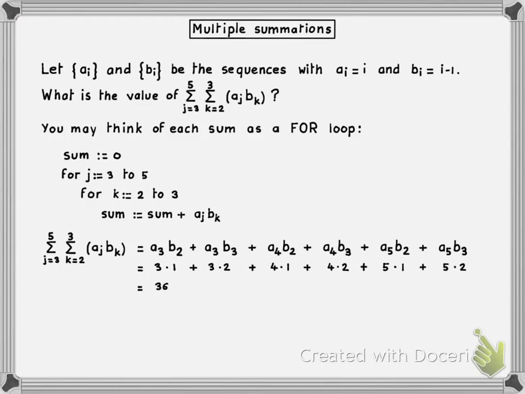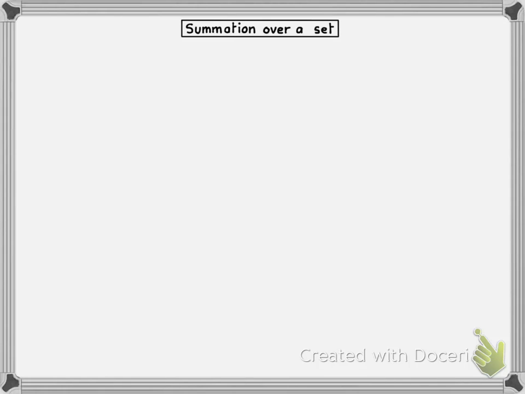Now, to conclude this segment, let me briefly mention another variation on summations. Sometimes the elements or the terms you want to add are not part of a sequence. They are just based off of a set. So you could do a summation where s, which is the dummy variable in this case, runs over the elements of a set.